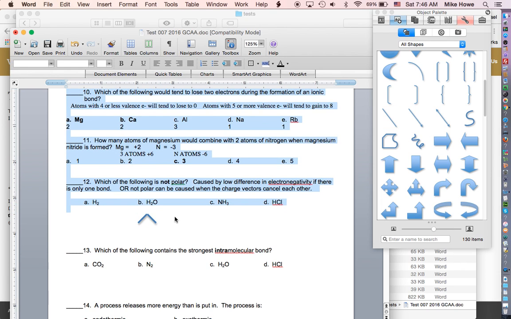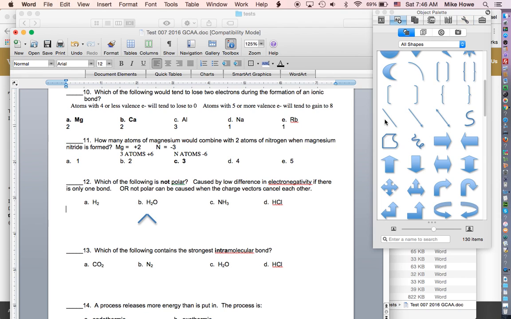It's going to be bent. Ammonia is going to have this kind of shape, a pyramid. And then there'd be a pair of electrons that you can't see. There'd be two pairs of electrons up here around the O, and one pair of electrons around the N.